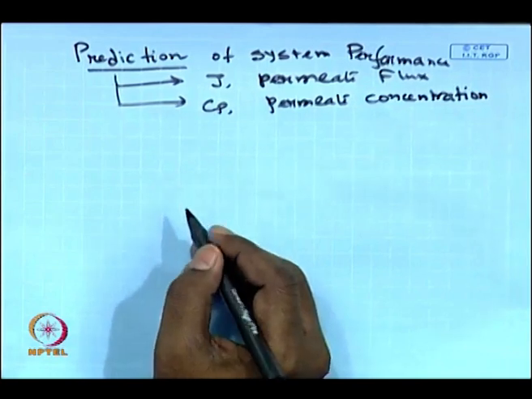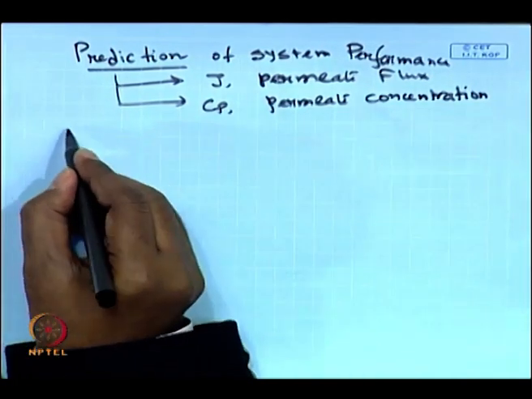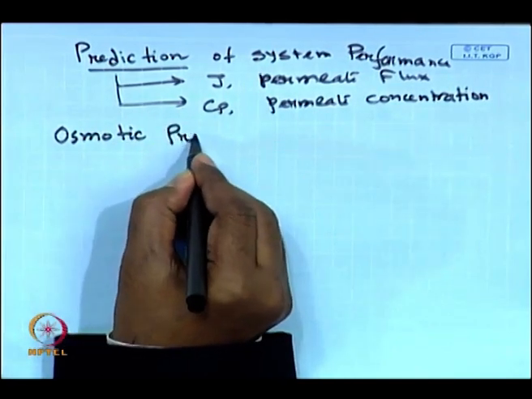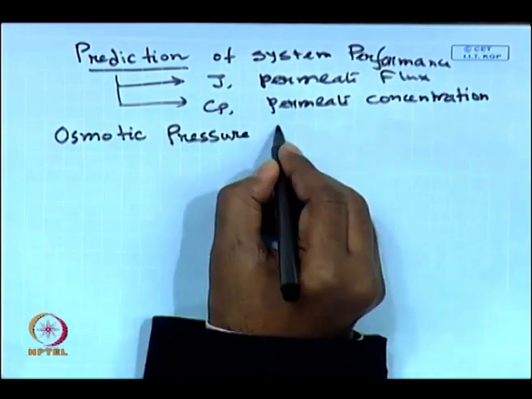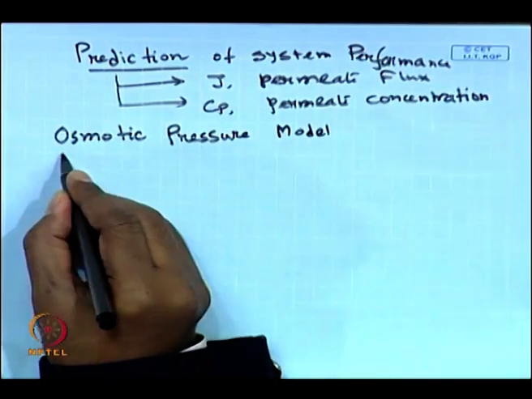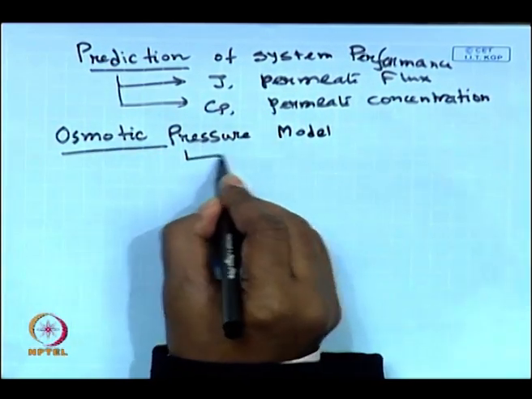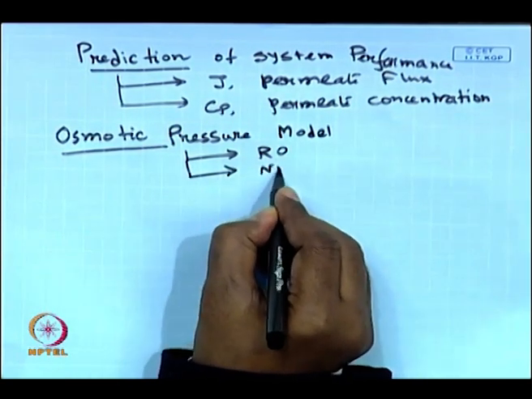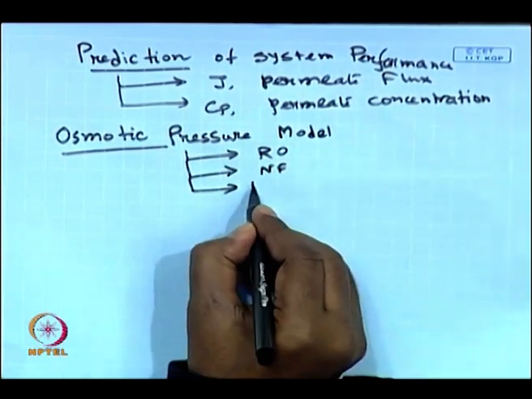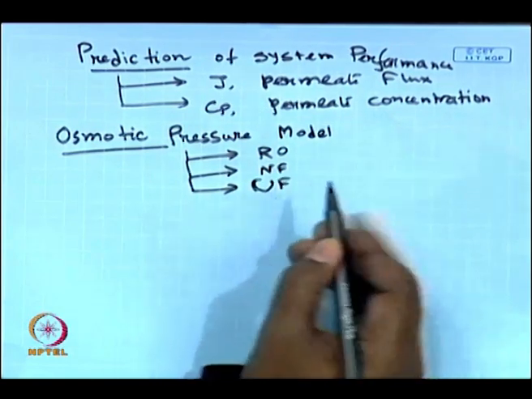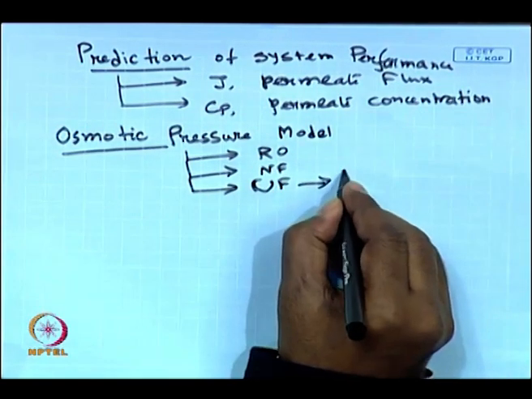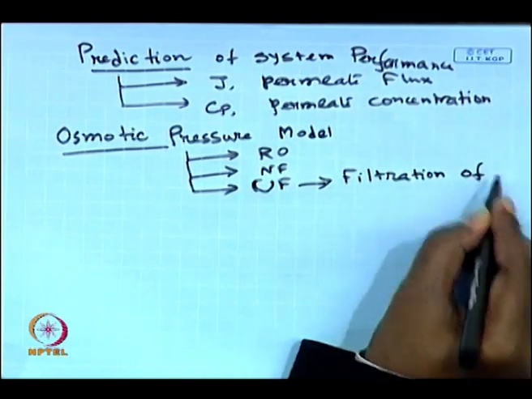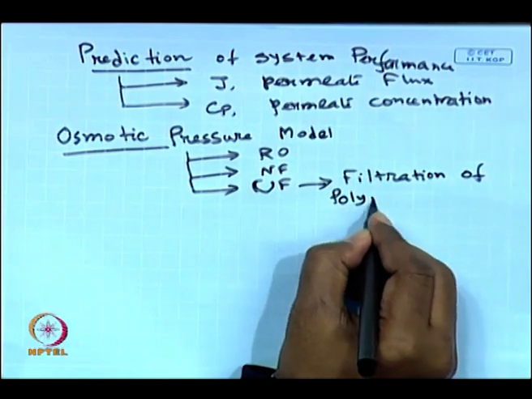Okay. Now, let us first take the osmotic pressure model. The osmotic pressure model is quite important in the case of reverse osmosis, nanofiltration, and even to some extent ultrafiltration, when you are talking about filtration of polymers and proteins.